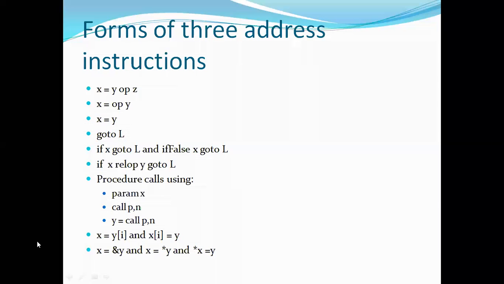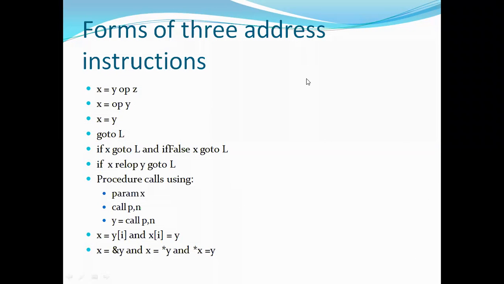Here we have different forms of representing three address instructions for writing the statements in temporary names. Here x is equal to y op z, x is equal to op y, x is equal to y. These are the three forms that we need to represent when we take an input in the form of an algebraic expression. That means it may be infix, postfix or prefix, whatever it may be.